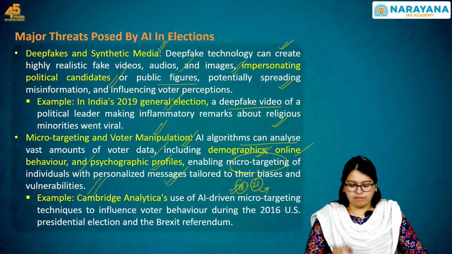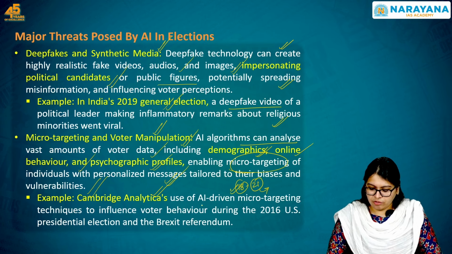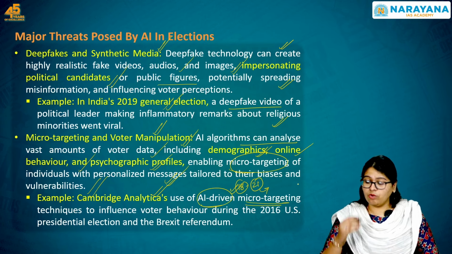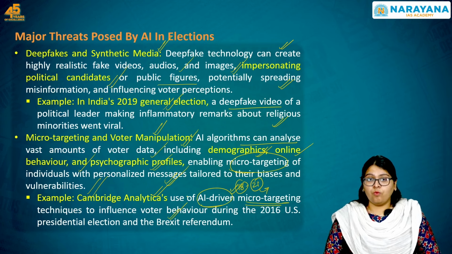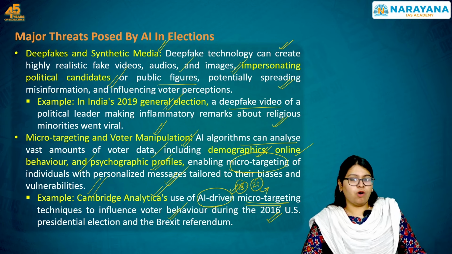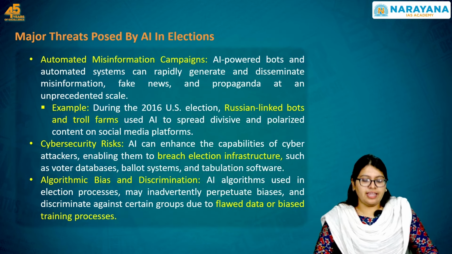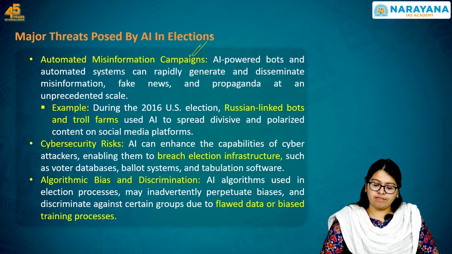For example, if you see Cambridge Analytica's use of AI-driven micro-targeting techniques, it was set to influence voter behavior during the 2016 US presidential elections and also the referendum regarding Brexit. So moving forward, the next threat is automated misinformation campaigns.